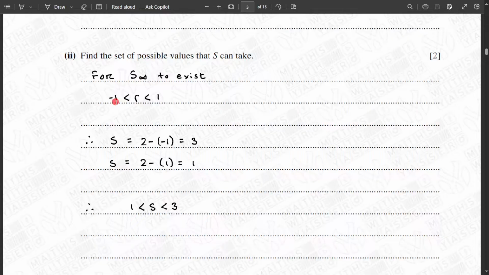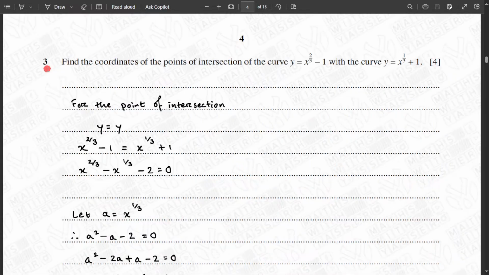Substituting negative 1 into r gives us 2 minus minus 1, and substituting 1 gives 2 minus 1. Simplifying, we get 3 and 1. So the set of possible values that s can take will be between 1 and 3. S lies between 1 and 3.